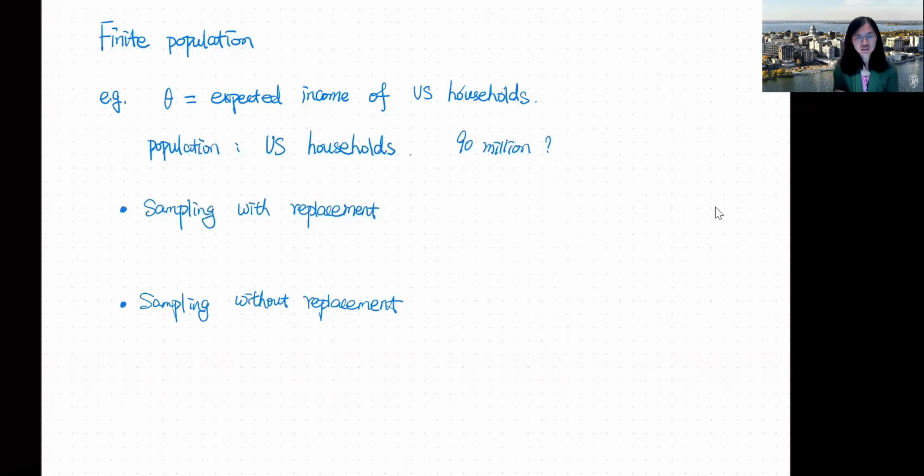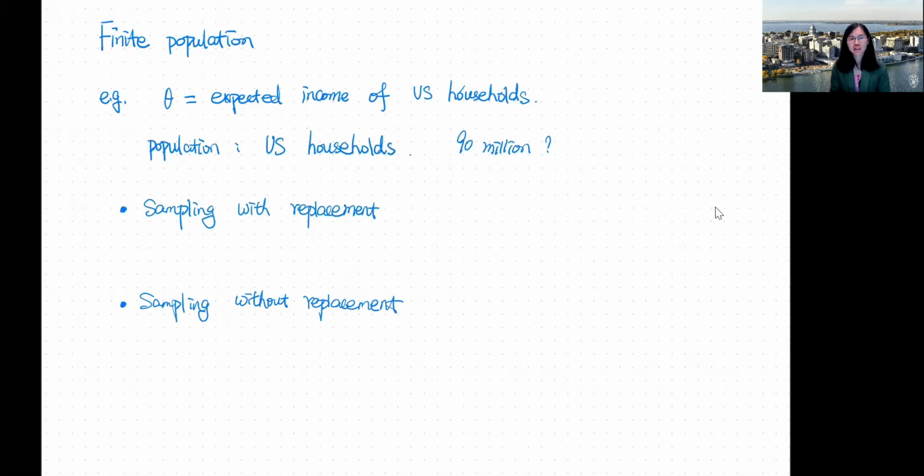So in previous videos, we said that a population is a distribution F. And that population is actually an infinite population because the distribution F typically has an infinite number of support points. And when you draw from an infinite population, there is no distinction of sampling with or without replacement.